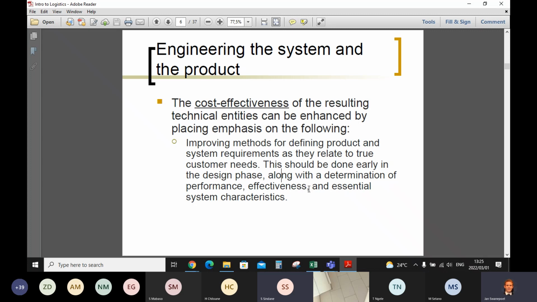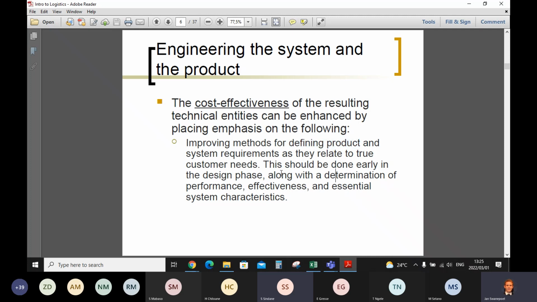In the end, the customer is either going to pay for it, which is going to make us lose traction in the market because it costs more, or we're going to pay for it, which reduces our profit margin. So we want to get as close to the customer needs as possible. And how do we do that? By proper product definition. Before we start, we want to define the product very accurately.